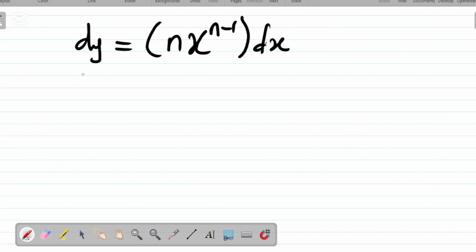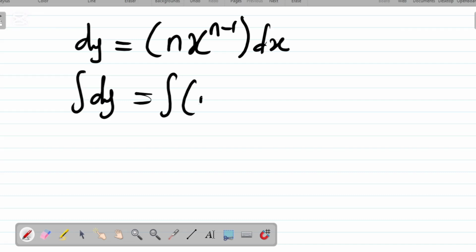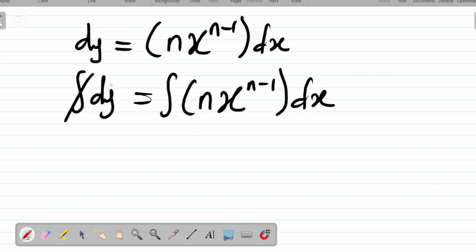Our next task is to attach the sign of integration or integral sign. So at this point, integration cancels differentiation because integration is the inverse of differentiation.